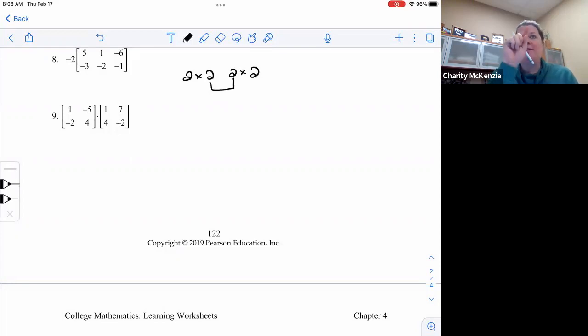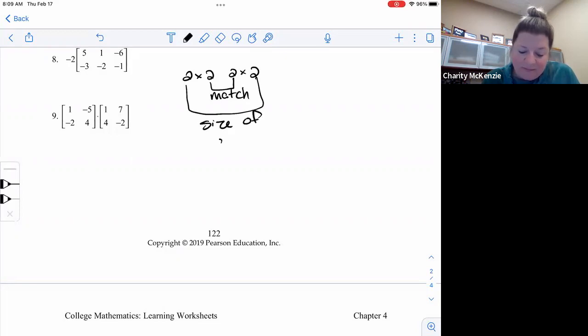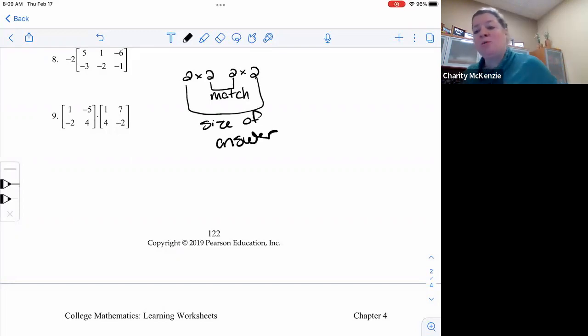So the number of columns in the first has to match the number of rows in the second. And that's what it's trying to say in those words. And then the outer two numbers are the size of the answer. So if those middle two, column and row, don't match, you can't do multiplication.